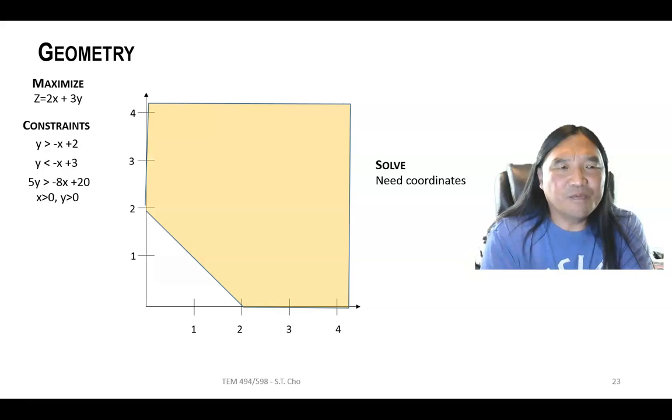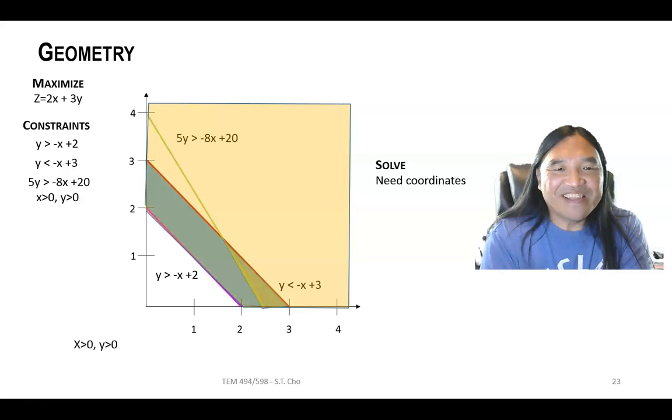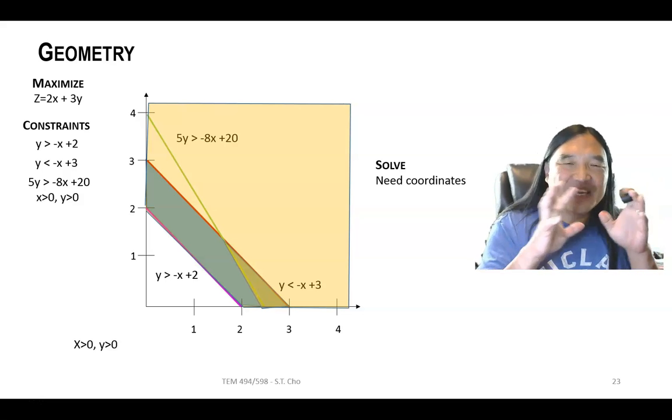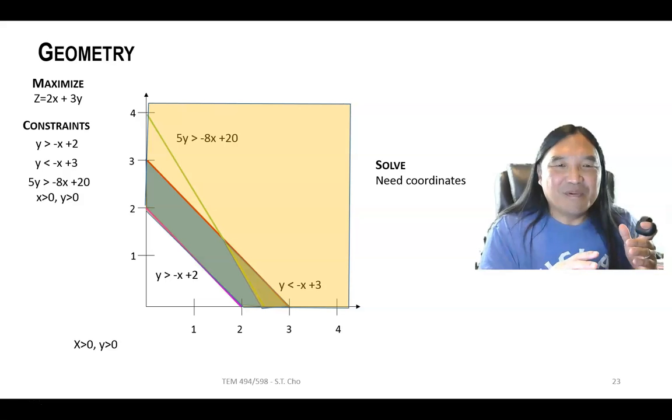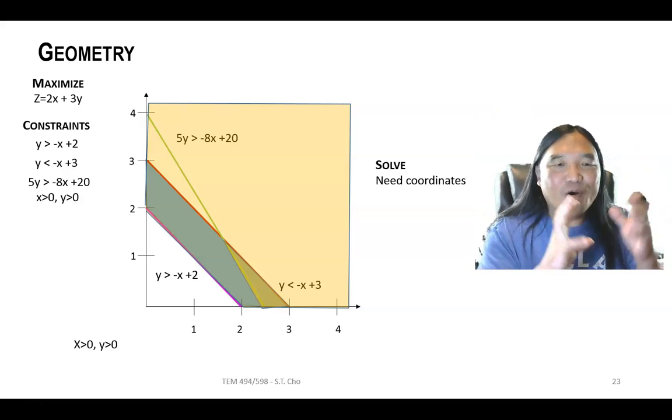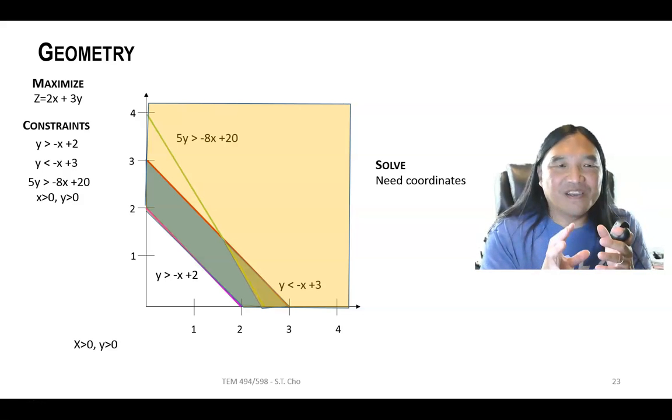So for example, what if I have these equations and constraints? What ends up happening is I start drawing lines for the constraints. And if you remember basic geometry from algebra, it's like if this is greater than and this is less than, and they all overlap in a certain area.